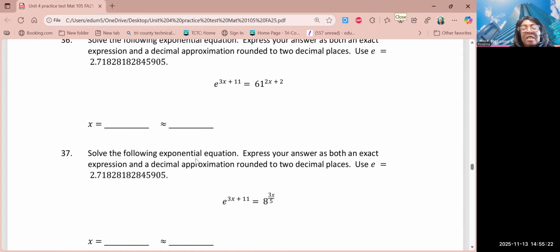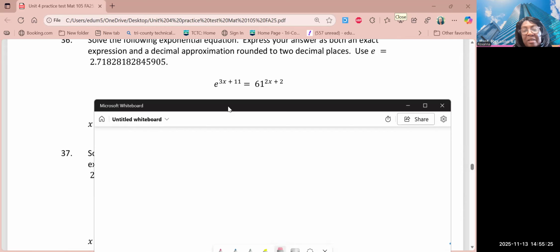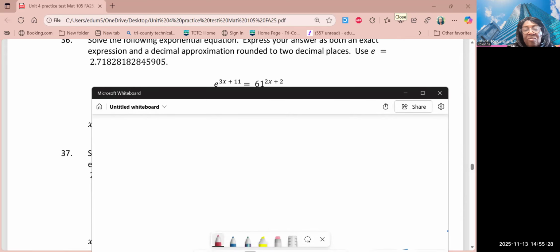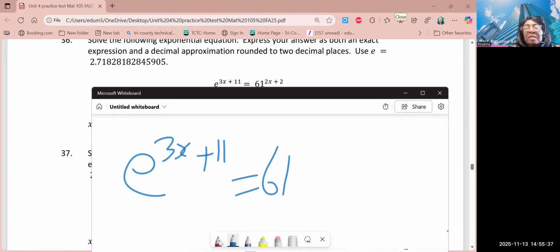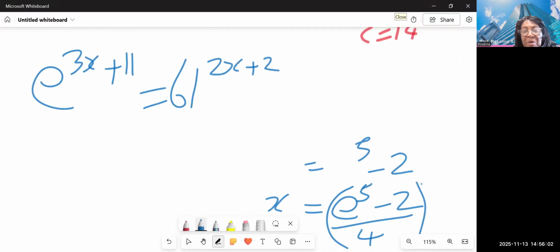So we have e to the power 3x is equal to 61 to the power 2x plus 2. So we have copied the question. And one thing you want to know is there is no way that I can raise 61 to have base e. No way. So this is a candidate for using the properties of logarithm.